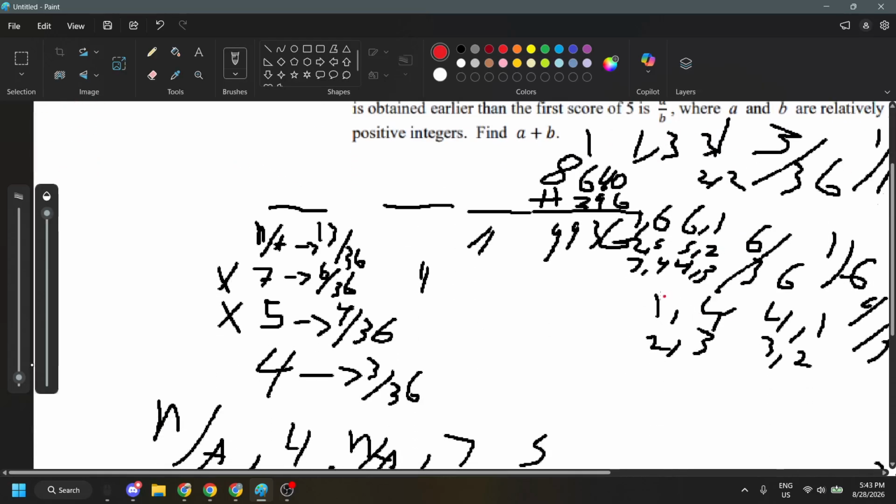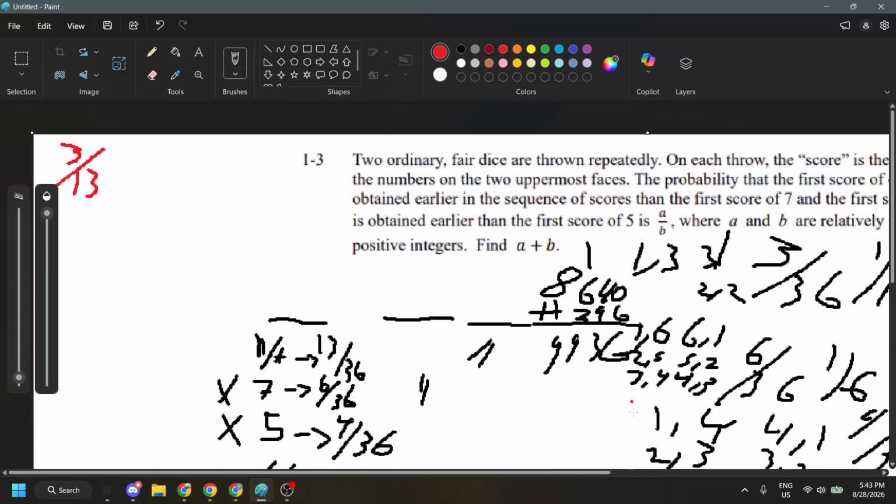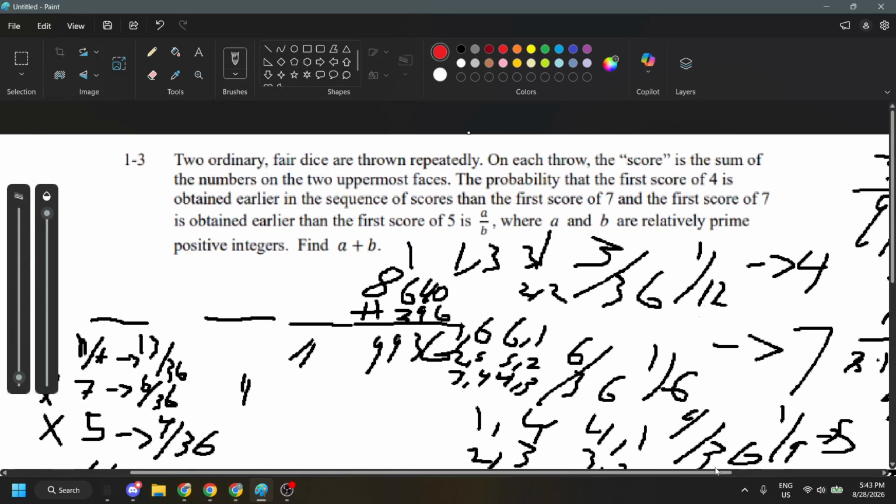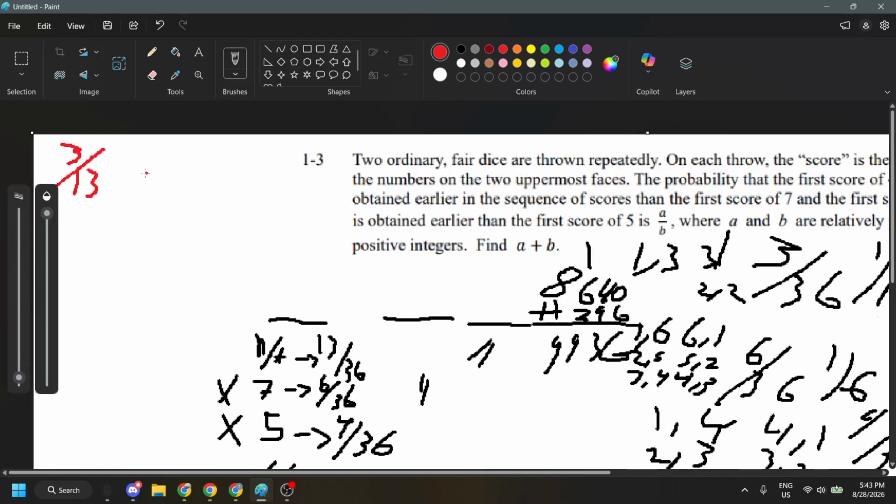Then out of these last two, there are 10 left. There is a 6 out of 10 probability that the second roll is this, and then we're good.